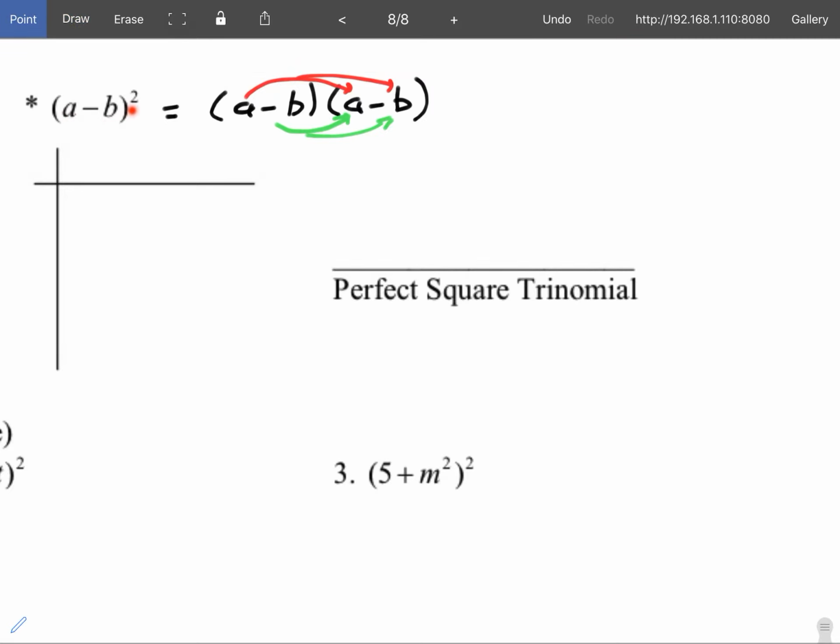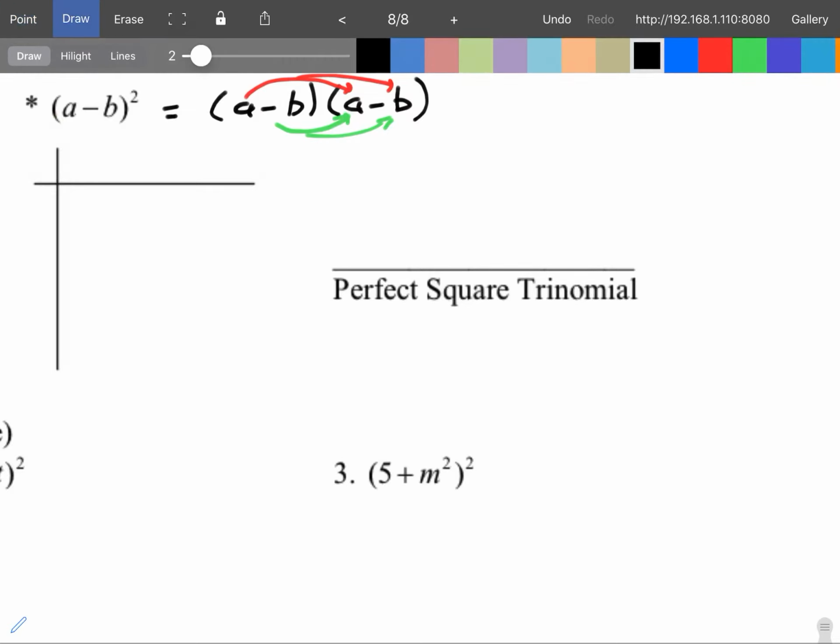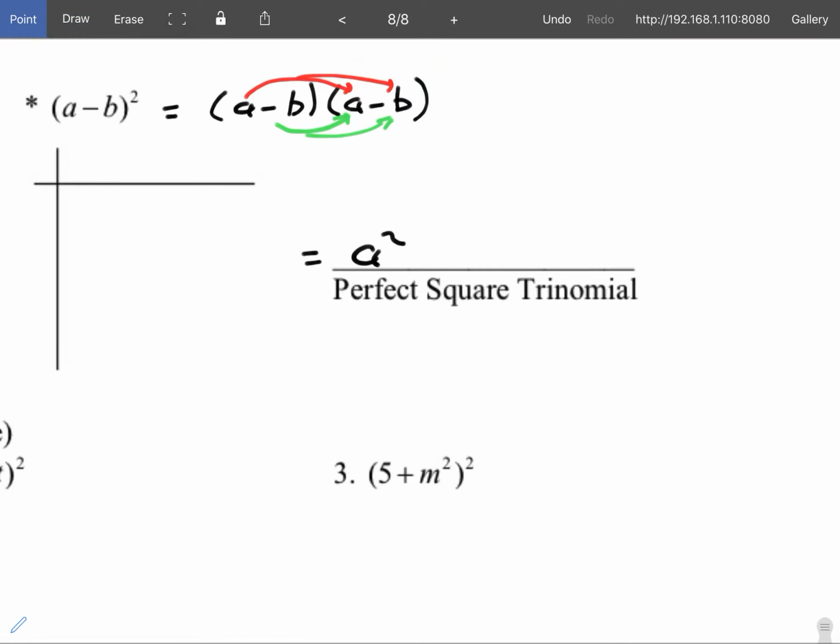So again, what we see here is we have a binomial. It has 2 terms and it's squared. So the shortcut here is I square the first term. What would that give me? Yeah, that would give me a squared. So it's going to give me an a squared. And then we're also going to square this term.